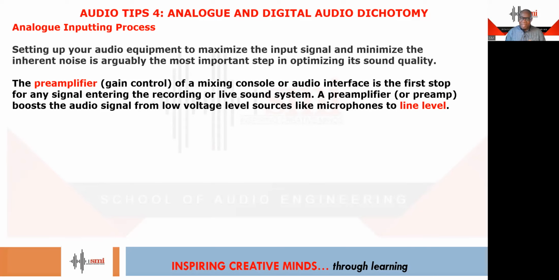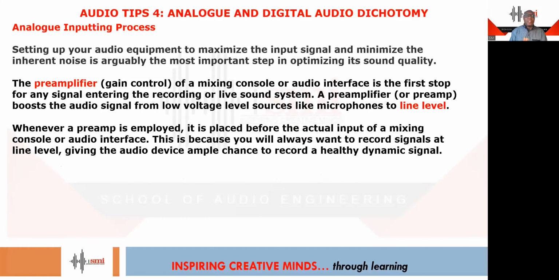When you talk about levels in audio, we have low level, line level, loudspeaker level. I will create time to go into that another day. So whenever a preamp is employed, it is placed before the actual input of a mixing console or audio interface. The first interface of any signal entering your mixing console is the preamplifier.